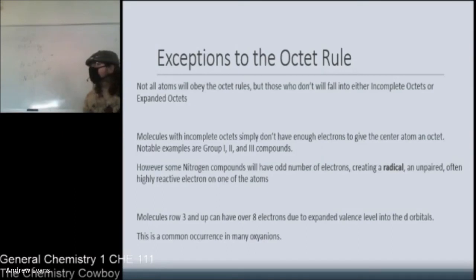But this is where a lot of the oxyanions get their four oxygen bonds. When we get these oxyanions like sulfate, phosphate, perchlorate, perbromate, the reason behind these is this expanded octet.